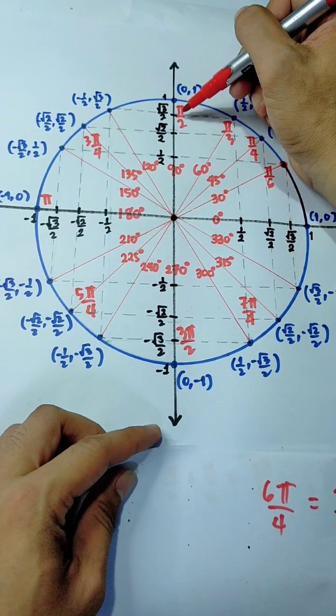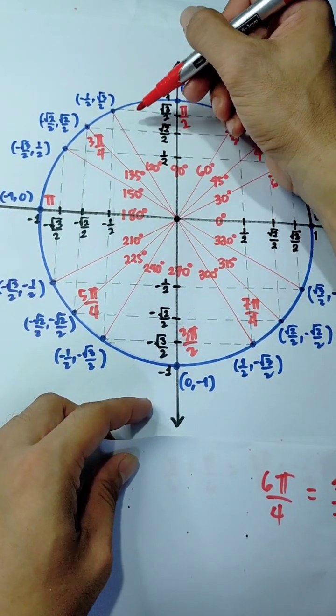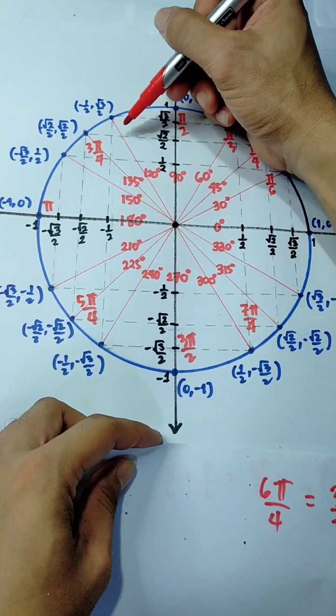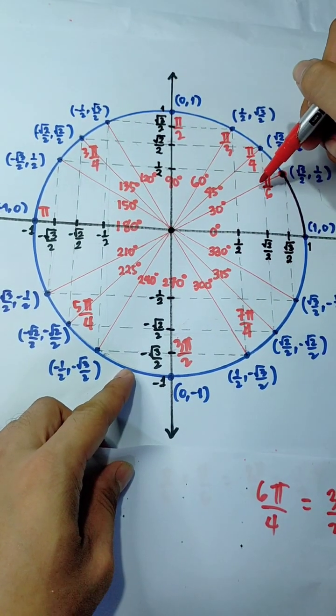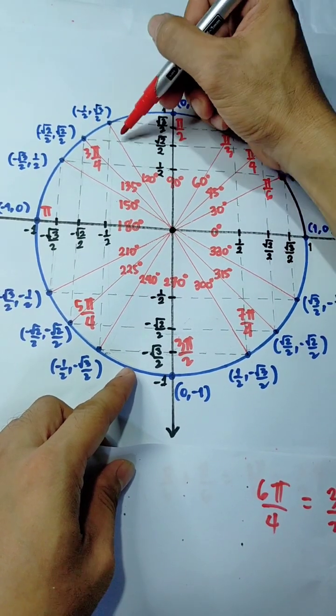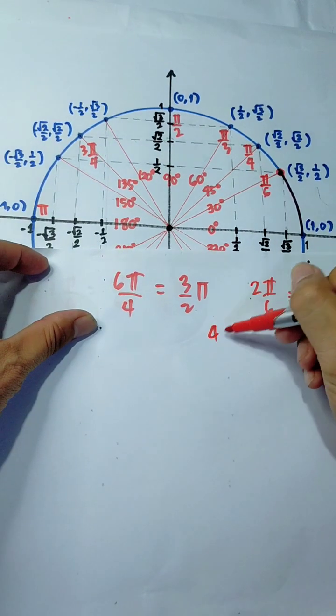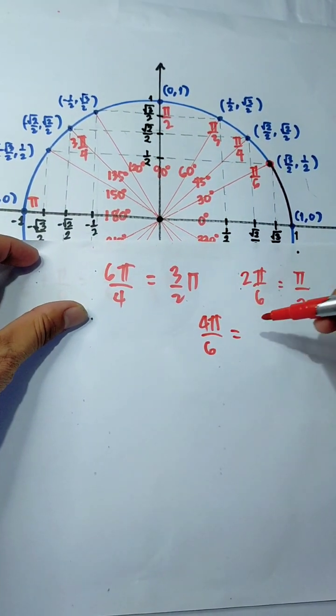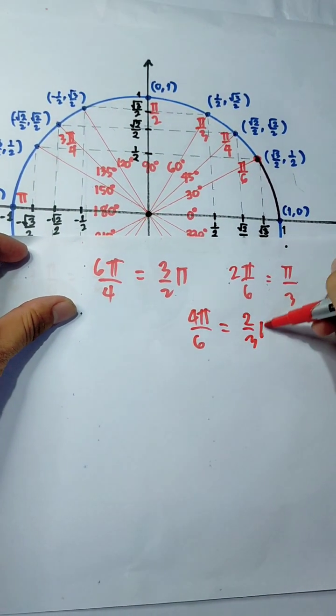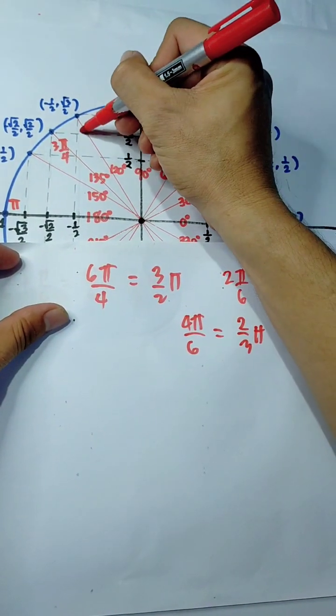And then here, how many 30 degrees now? 1, 2, 3, 4. So this is 4 pi over 6, that is 2/3 pi here.